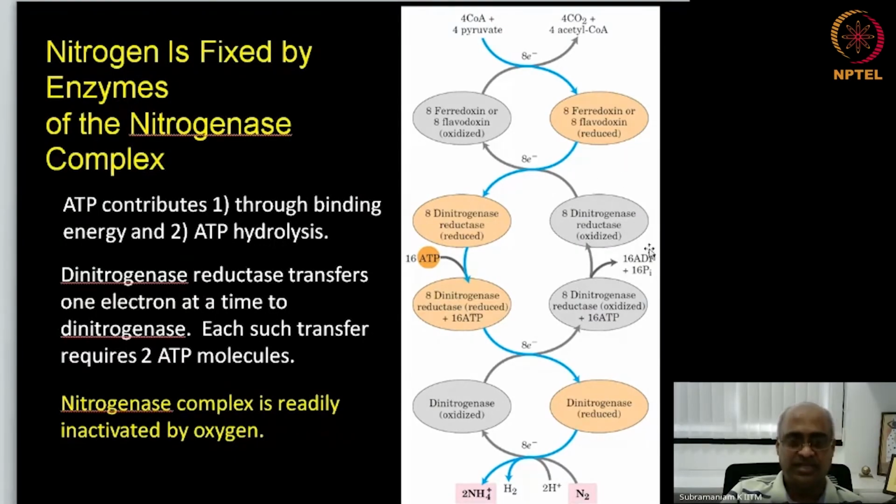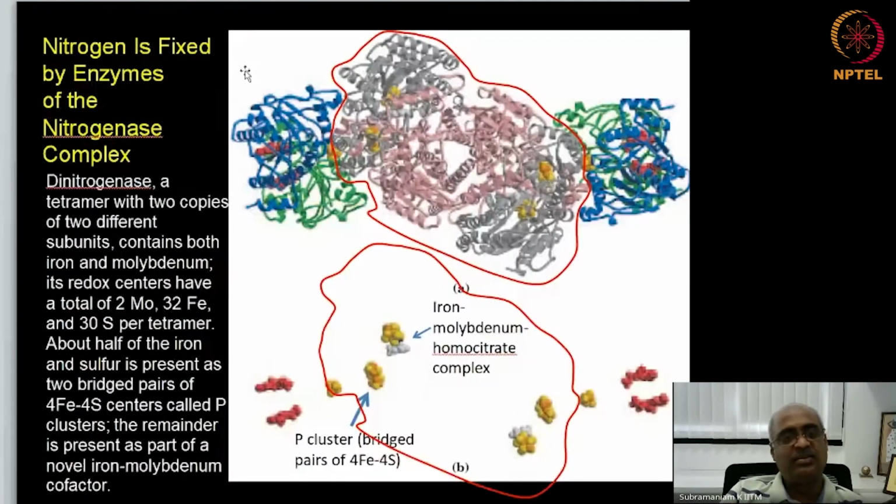Then it can do the cycle again. It takes one electron at a time and transfers one electron at a time to the dinitrogenase complex. Every time it takes up an electron from the reduced ferredoxine, oxidizing the ferredoxine, and hydrolyzes the ATP, it transfers one electron to these centers, the P cluster and the iron-molybdenum center.